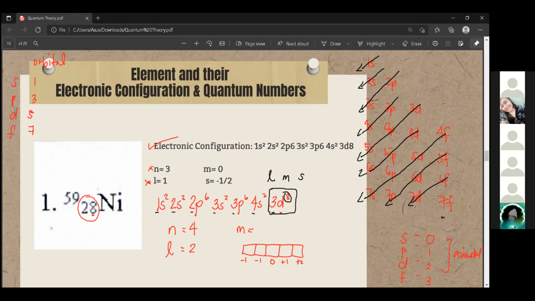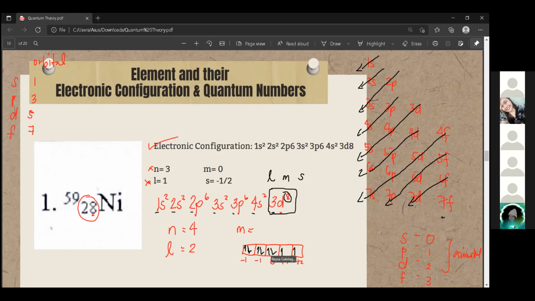So kung 8 yan, let's start here. 1, 2, 3, 4, 5, and then that's the time mag-pair ka, pero going down na siya. 1, 2, 3, 4, 5. So, tatlo na lang. So, we have here 6, 7, and 8.